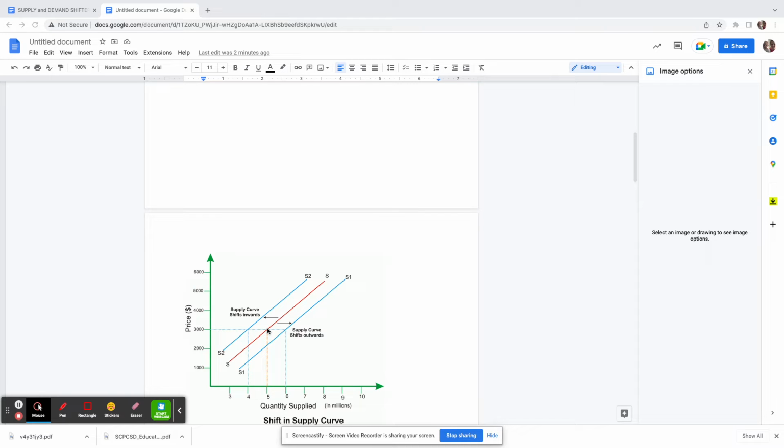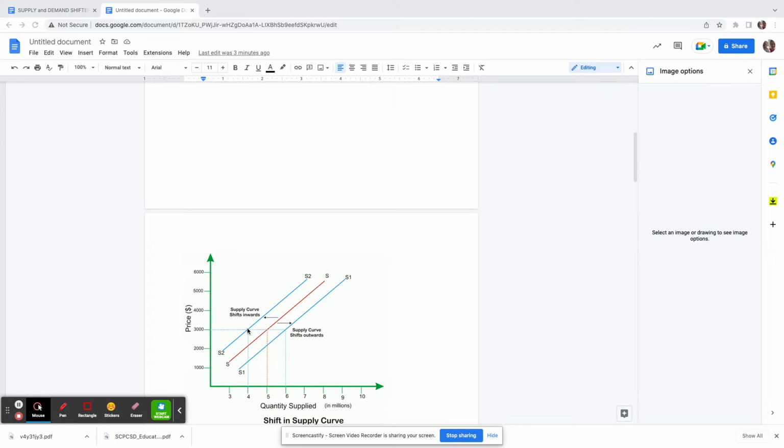At 3,000, the quantity supplied is 5. Now price stays the same. If you shift that line for some reason, the price is the same, but you're supplying 4. You see that? So what would cause the price to stay the same, but the amount supplied to be less?